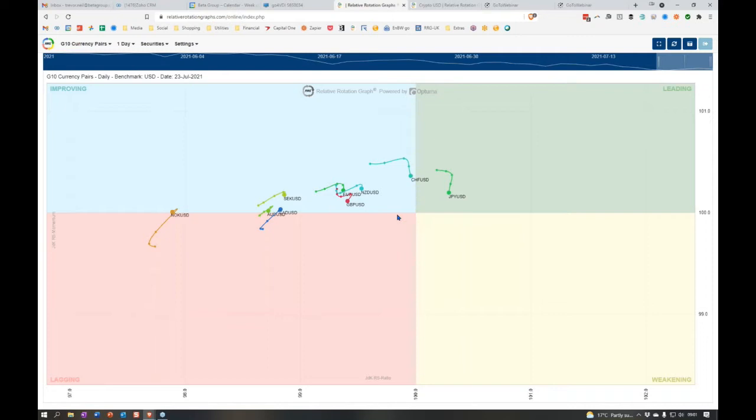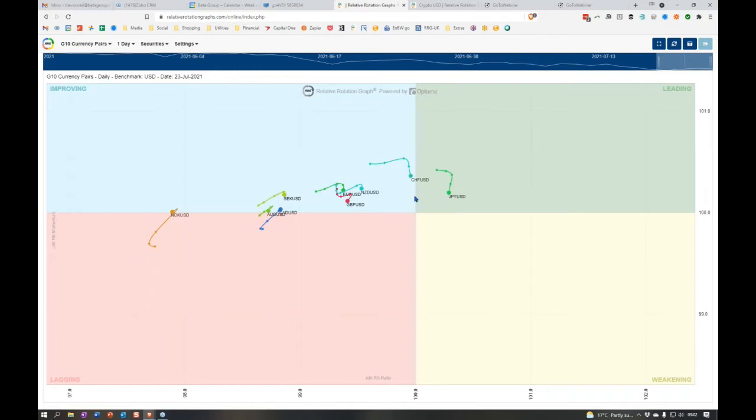The US dollar is a crosshair in the middle here. Everything which is on the left of it here is underperforming the dollar. So the yen is overperforming the dollar and the Norwegian crown is the weakest of the G10 currencies versus the dollar. On the vertical axis here, it's with positive momentum.